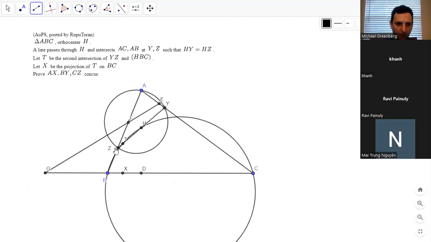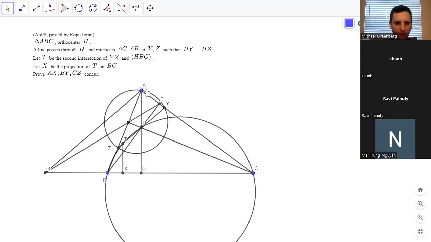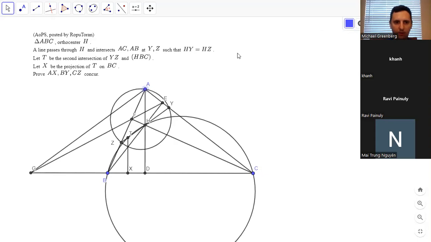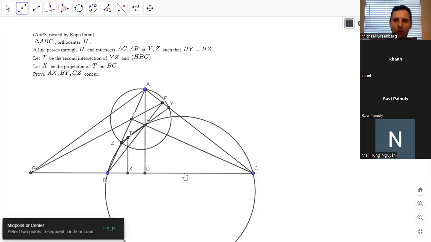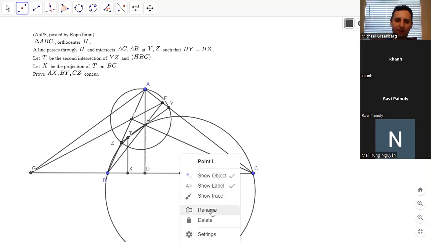So this is parallel to AD, or to AG. And there we have it. Okay, so we want to show AX, BY, and CZ concur. We can use the butterfly theorem. So HM, M is the midpoint of BC. Oh, you're saying that's another way we could prove it. Oh, I like that.